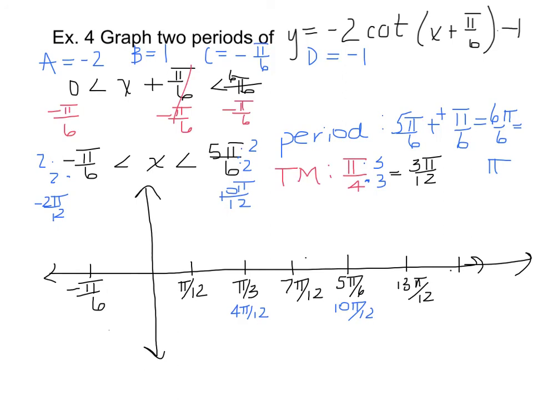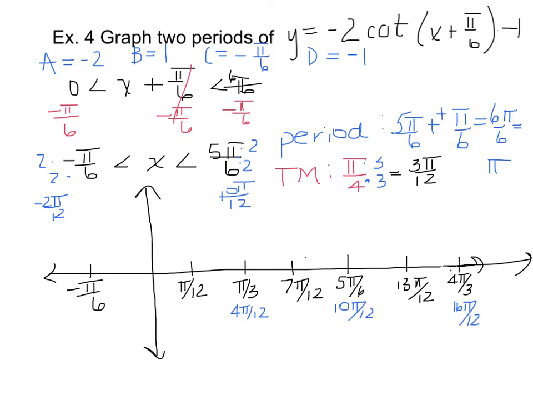So 16 pi over 12, I'll put it underneath here. 16 pi over 12 reduces to 4 pi over 3.